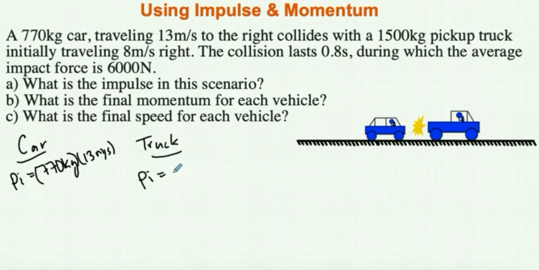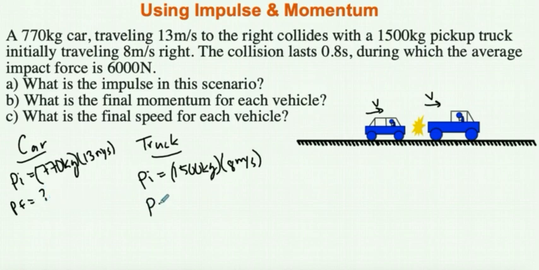And then the truck, excuse me, the truck is 1,500 kilograms, and its speed is 8 meters per second. They're both going to the right here. Okay, so both velocities are going to the right for both of these. So they're going to hit each other, and then we're going to see what we get afterwards. So we don't know what the final momentum is for either one of these, but that's what we're going to find.